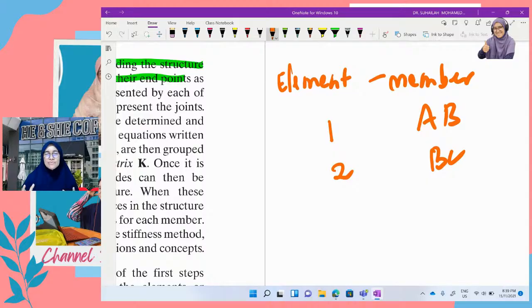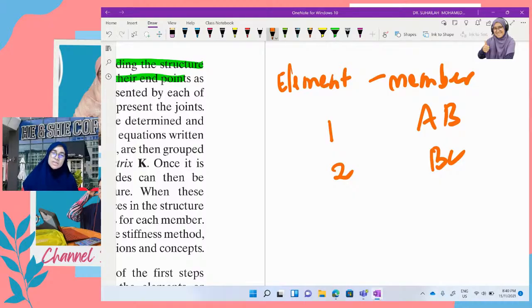But when we have to analyze a huge structure which has many elements, 1,000 elements and 1,000 nodes, of course we cannot calculate the displacement and forces directly. We cannot use ABC to represent thousands of elements. That is why we have to use numbering.